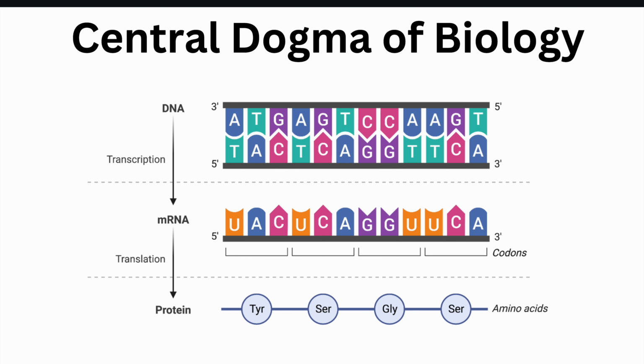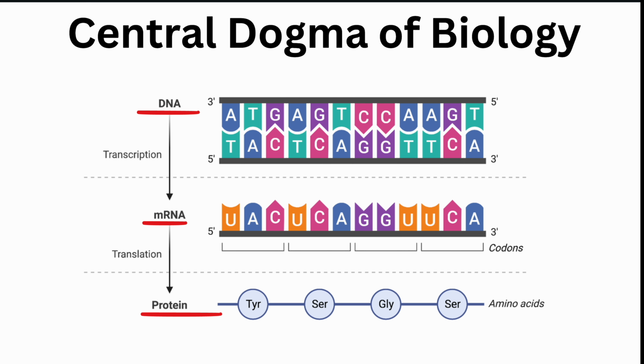The central dogma of biology tells us that we go from DNA, which is like the blueprint for everything that we have, into mRNA, which is the print of that blueprint, into protein, which is the functional unit of everything that we do and everything that's in our body.